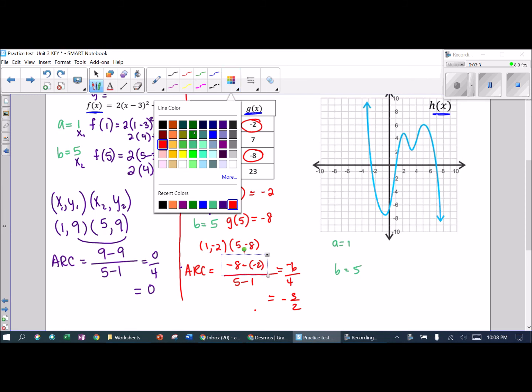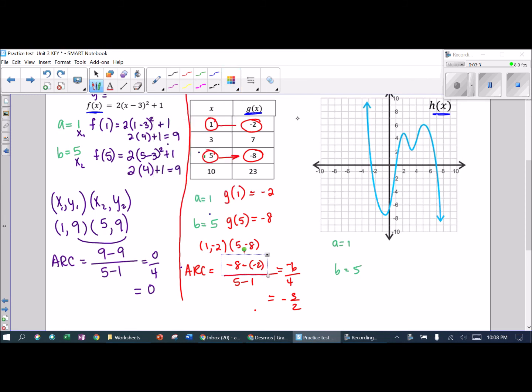Okay, this last one. Let's do orange. This time you're given the graph. You still have to find those points. You still have to find, whoops, it's h, not f. h of 1 and h of 5. Now, as far as a graph is concerned, that doesn't make a lot of sense because it's the graph.